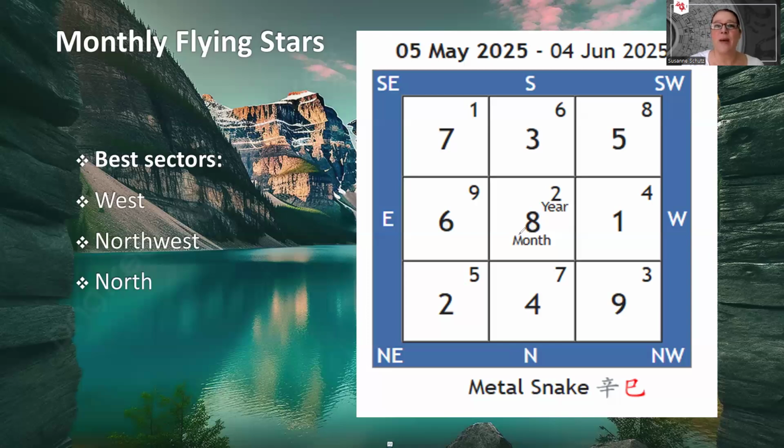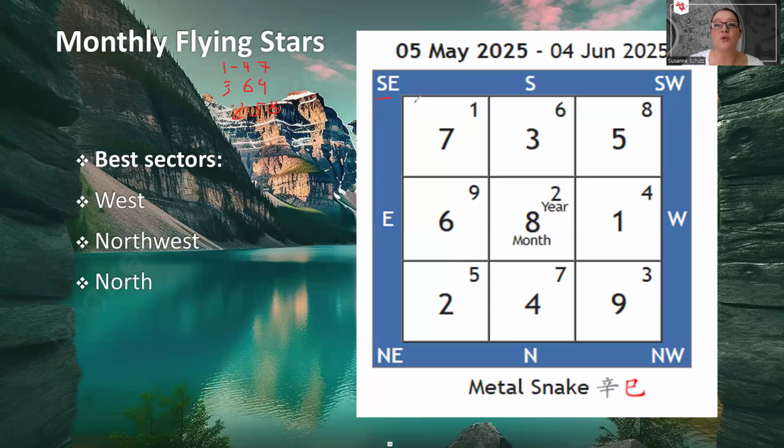Yeah, so a parent string formation is formed when we have the numbers 1, 4, 7, 3, 6, 9, and 2, 5, 8 in each palace.